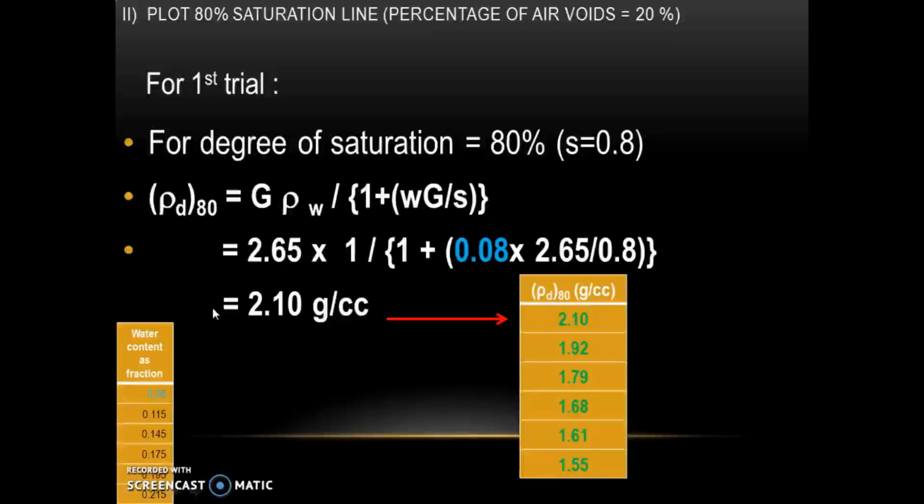After calculating we get the value of rho d for 80 as 2.1 gram per cc for the first trial.